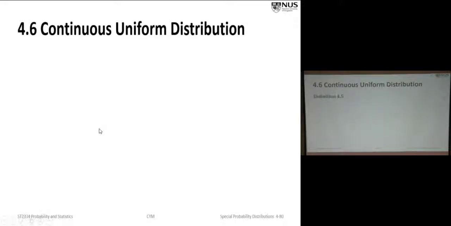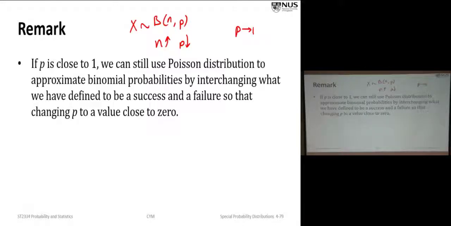All right, so to summarize all the discussion on discrete distributions, we talked about the discrete uniform distribution, the Bernoulli distribution, and then the binomial distribution. You have to know what the random variable means, what the probability function is, what the expectation is, and what the variance is.